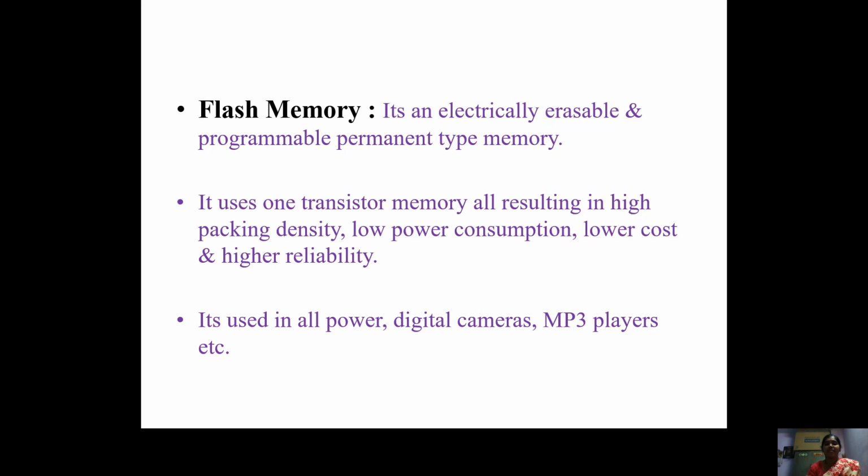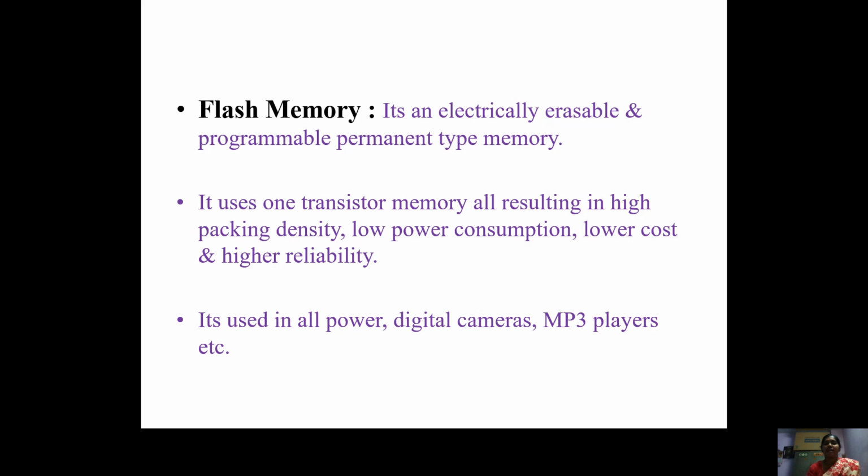Since flash memory uses transistors to store the information, it uses low power consumption also, and its cost is very low, because we are not going to buy another type of memory since it can be erased any number of times and programmed once again.